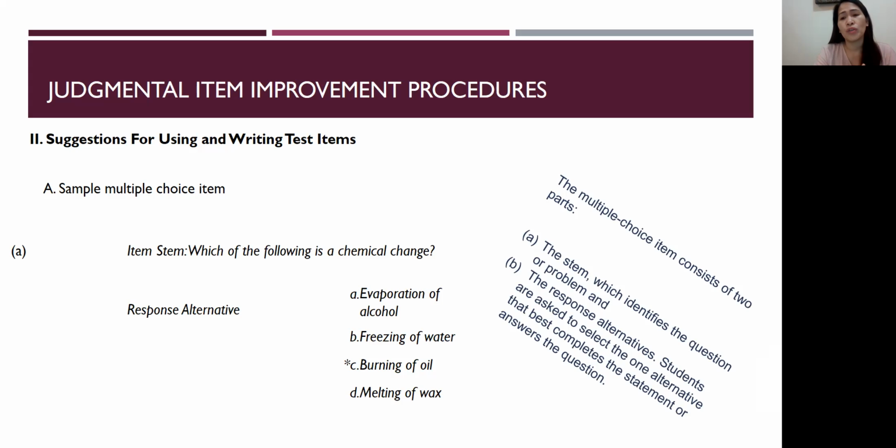Students are asked to select the one alternative that best completes the statement or answers the question. Item stem: Which of the following is a chemical change? Response alternatives, for example: A, evaporation of alcohol; freezing of water; burning of oil; or melting of wax.